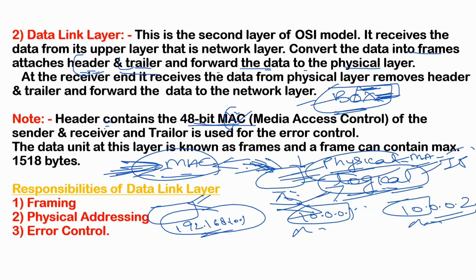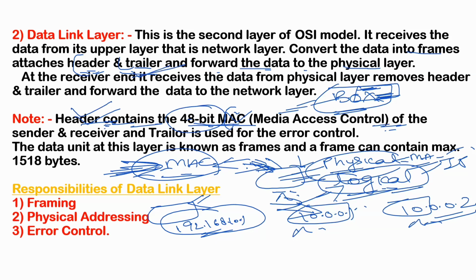Same thing here. In the data link layer, the header contains 48-bit MAC addresses because the MAC address is the identity: from where you want to send and to whom you want to send. All these MAC addresses are available in the header part, and the MAC address size is 48 bits. This is the header, and the second thing is the trailer.